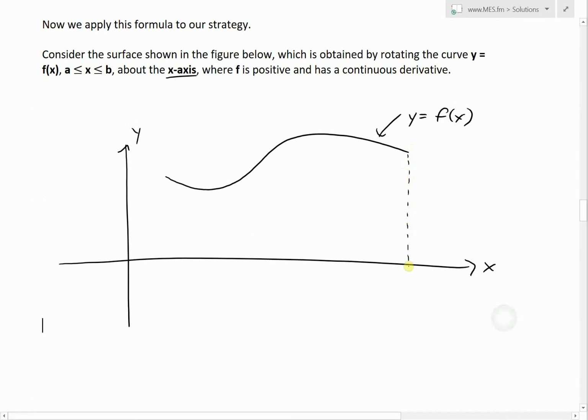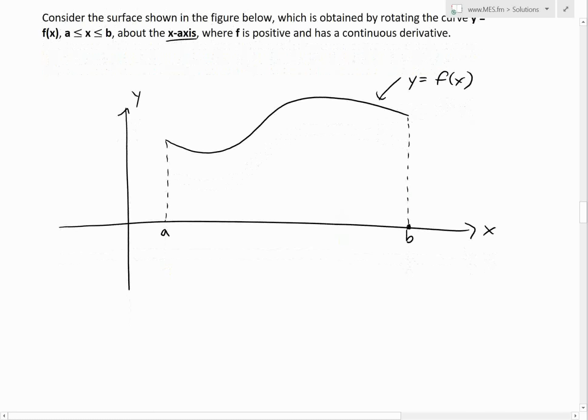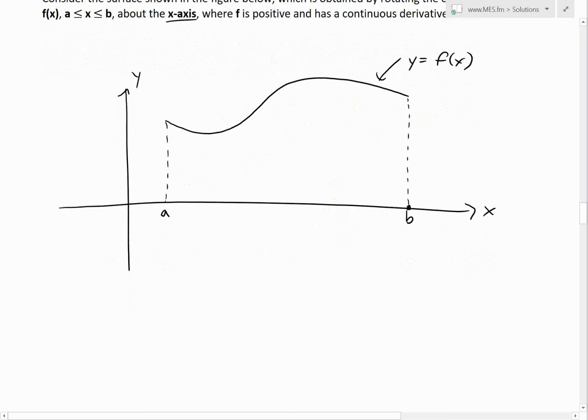So let's draw our parts here. This is from x less than or equal to b, that's this point right here, and up to here where x is greater than or equal to a. So this is the interval that we're defining it on, and it's positive with a continuous derivative, so it's continuous everywhere.